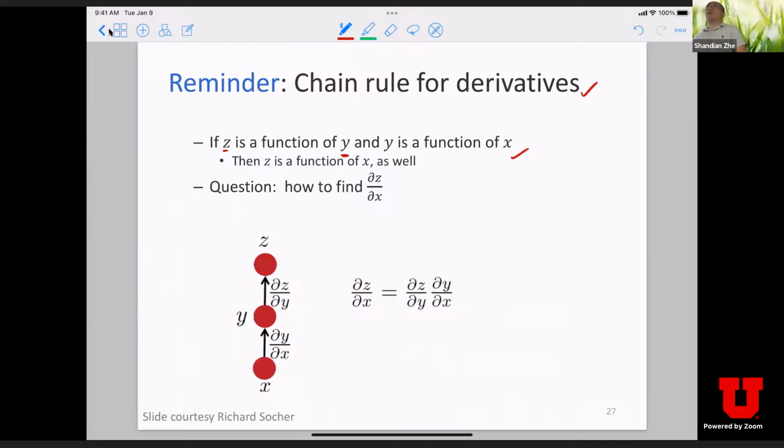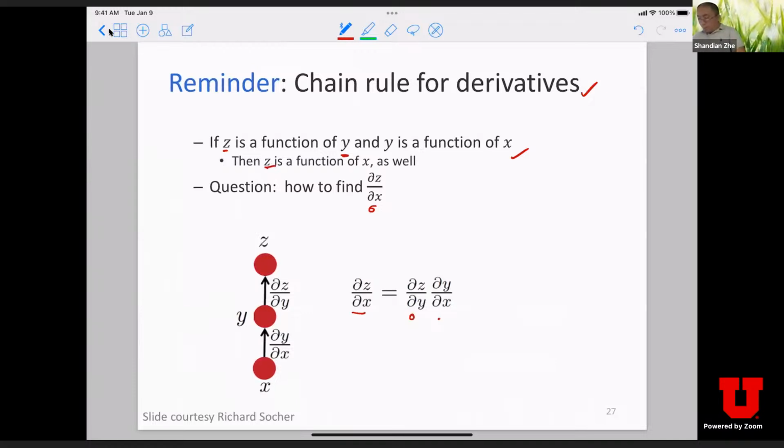So it's typically a composite function, and then we know that z must be a function of x as well. The problem is how do we compute partial z over partial x, the partial gradient of z with respect to x? According to chain rule, partial z over partial x equals partial z over partial y times partial y over partial x. This is just chain rule.